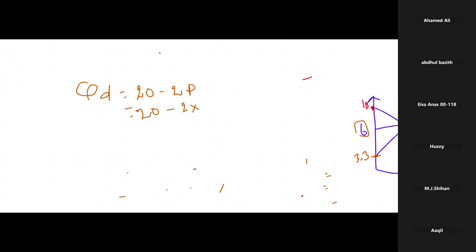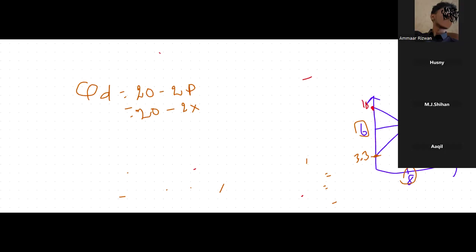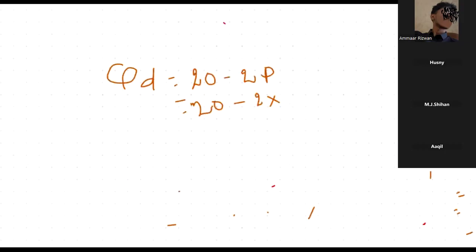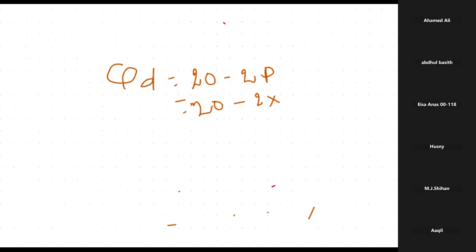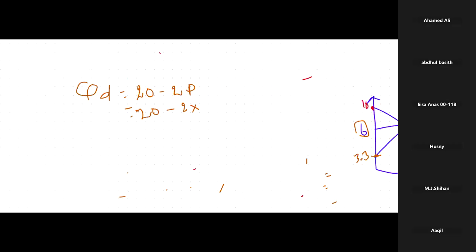At which price do we have to find out the excess demand? 3 rupees, sir. Right. At 3 rupees we have to find out. So then 20 minus 2 into 3. So 20 minus 6. How much? 14 units. QD 14 units.